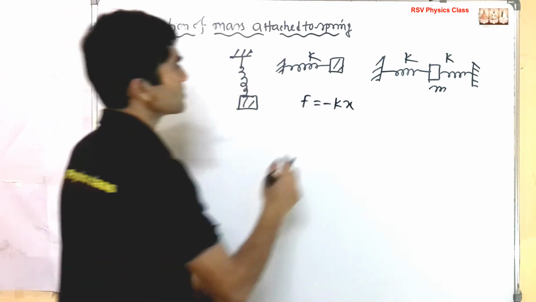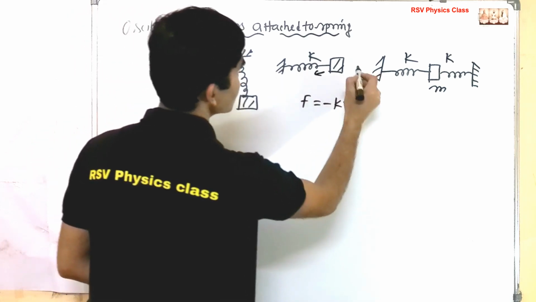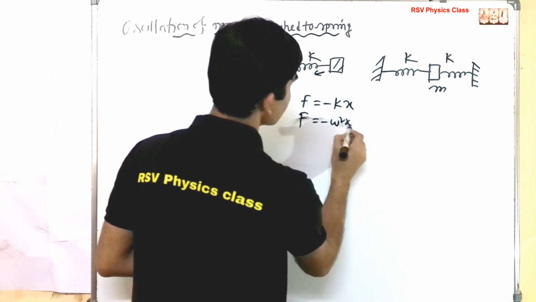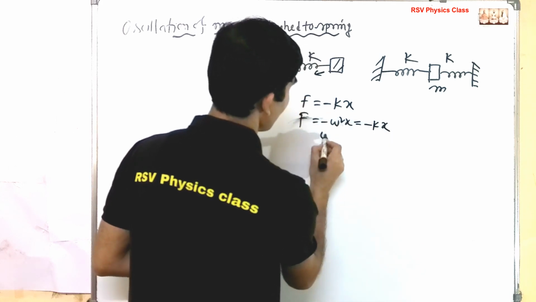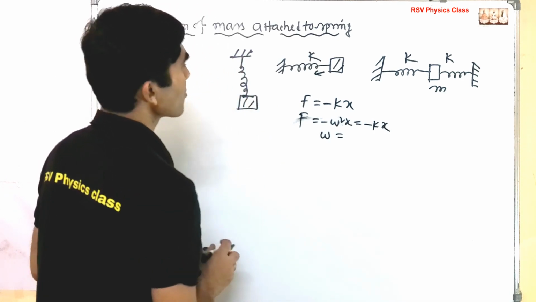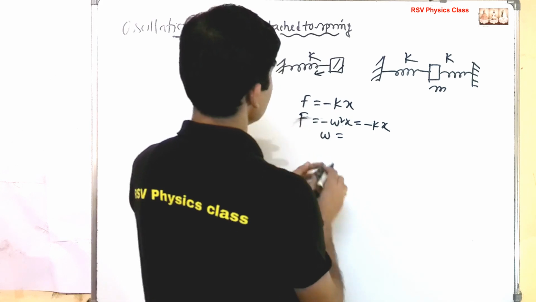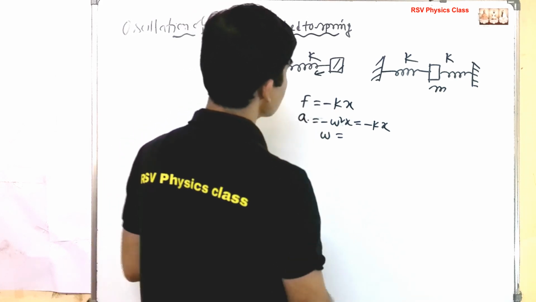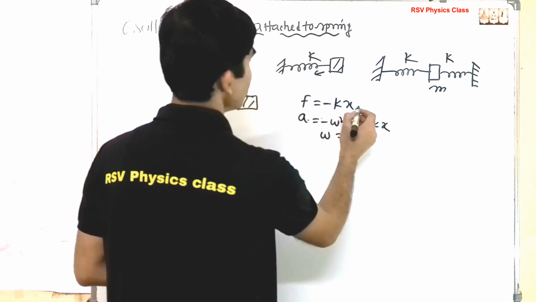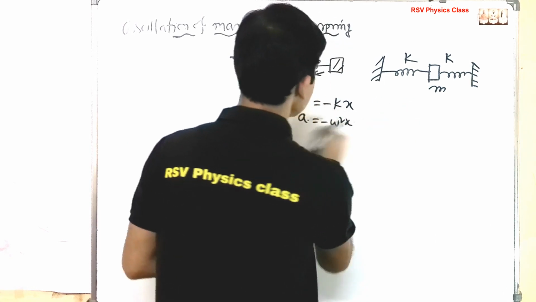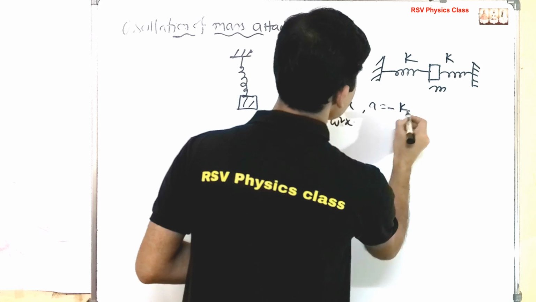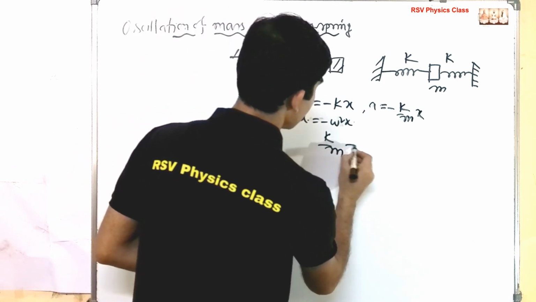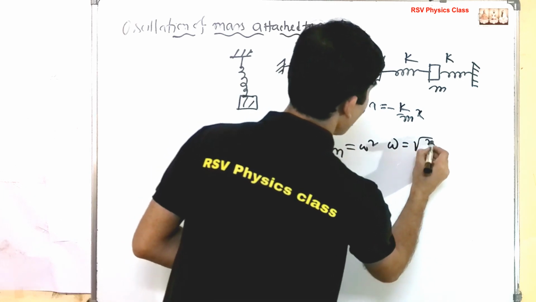This is basically the restoring force, which will be in this direction when you pull it a little. So F equals m a, and this is F equals minus omega square x, equal to minus kx. Omega equals... this is acceleration. So F equals m a, where a is acceleration, and F is here. So compare with this equation. So a is minus k by m into x. So k by m equal to omega square.